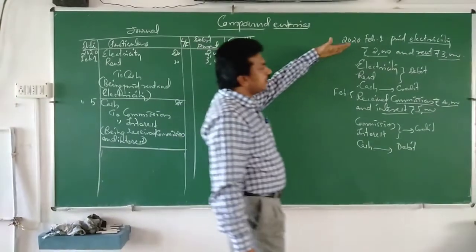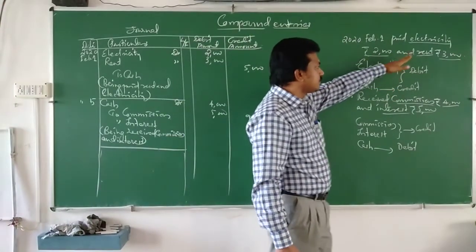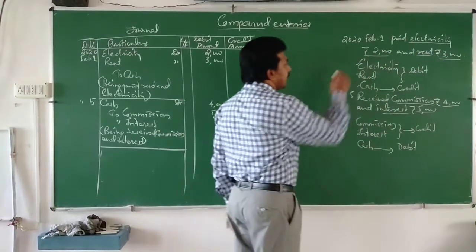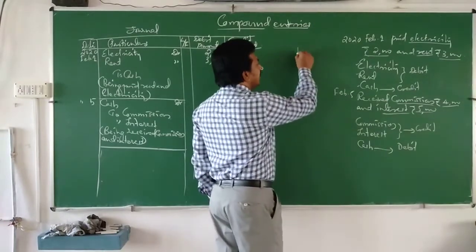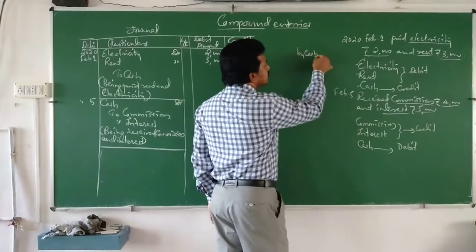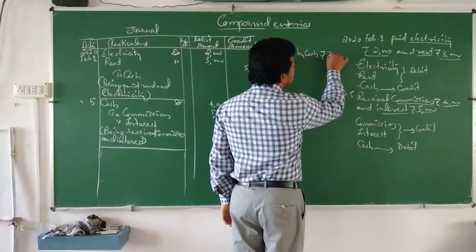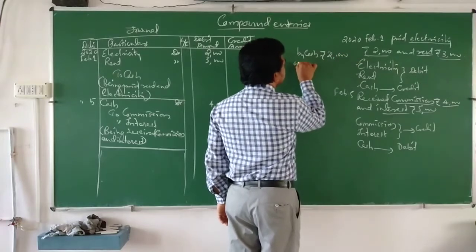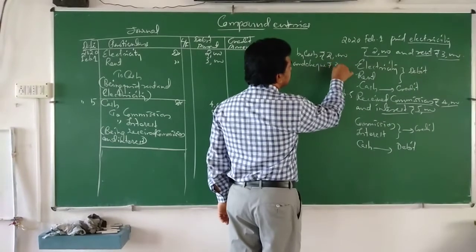Suppose paid electricity and rent, that means 2000 and 5000, paid electricity and rent is given. By cash rupees 2000 and by check rupees 3000.